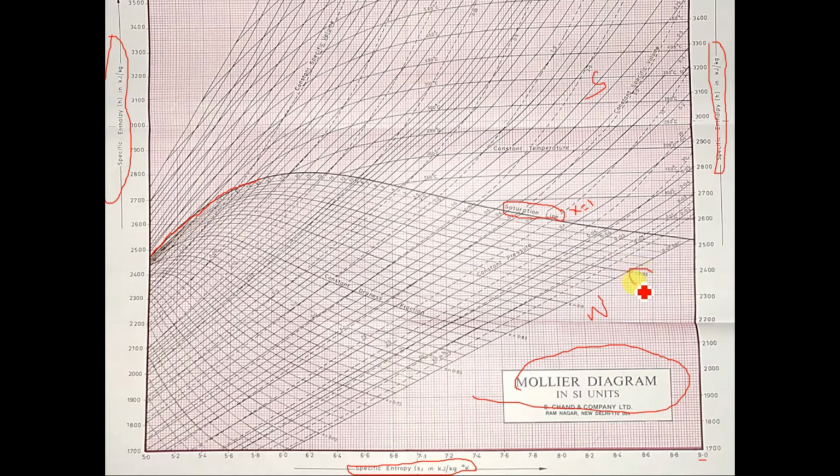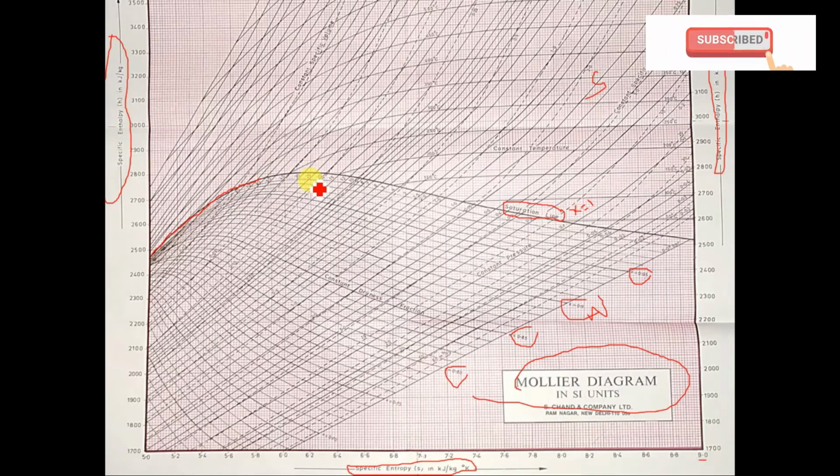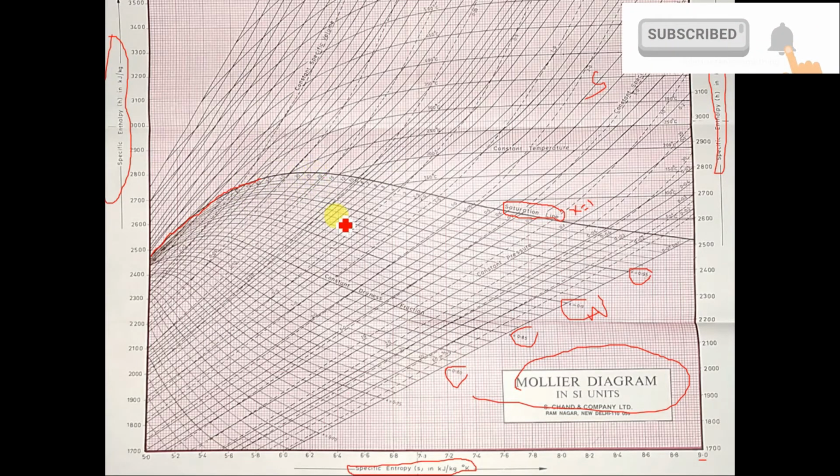This is x equal to 0.95. From here you can see x equal to 0.99, 0.98, 0.97, 0.96, 0.95. Similarly 0.94, 0.93, 0.92, 0.91, 0.9. Similarly 0.85, similarly 0.8. All lines parallel to this line are known as dryness fraction lines.